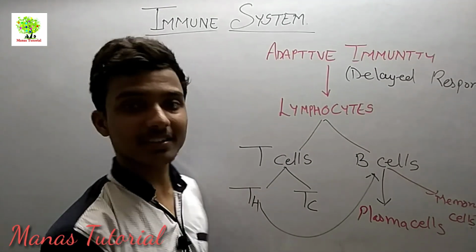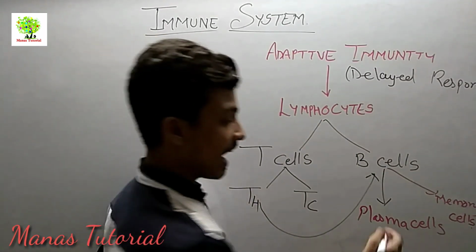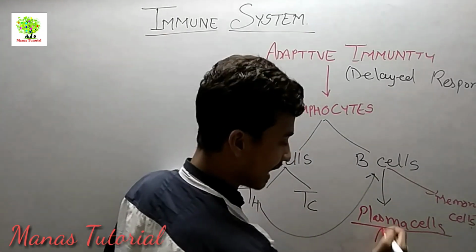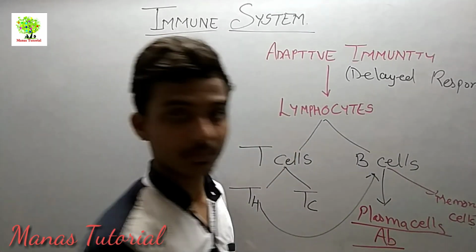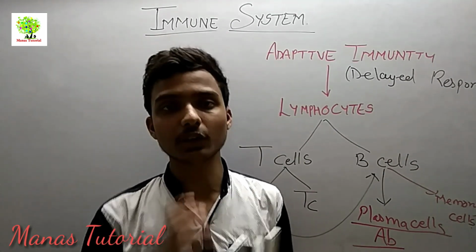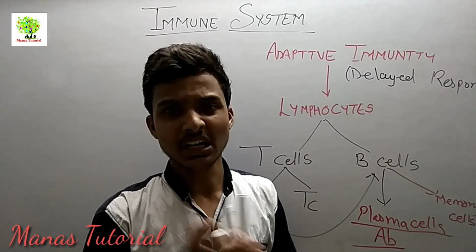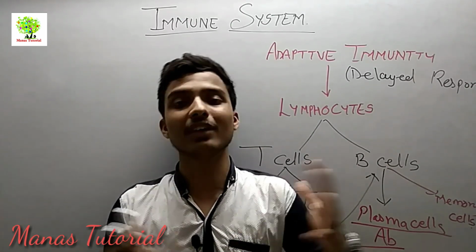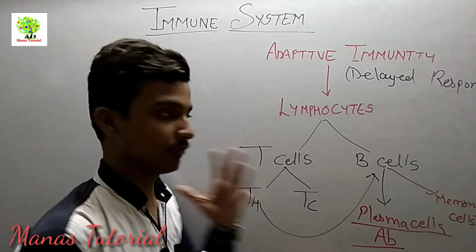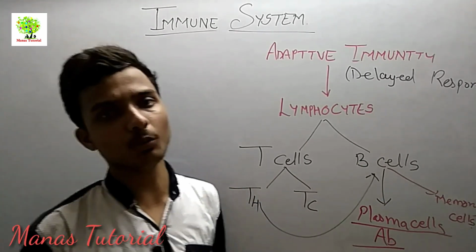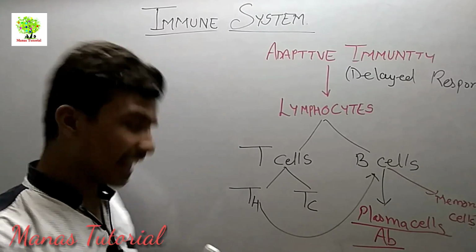The plasma cells produce antibodies which are specific to the antigen. It binds and kills. Now, there is another way of classification, which is cell-mediated immunity and humoral immunity.